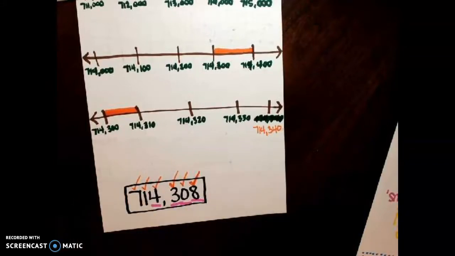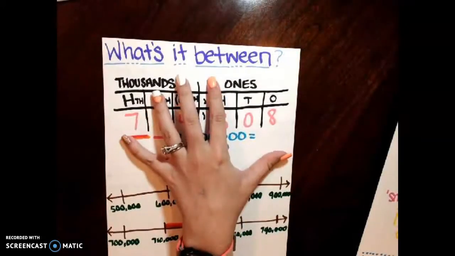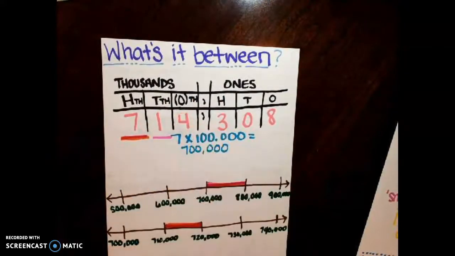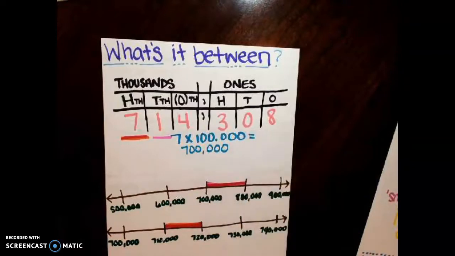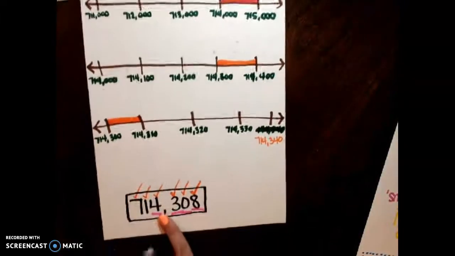You don't really have a point to. So I hope this helped you with going in between numbers and finding out what a number is in between. Remember, we start big and we go small. We start focusing on certain place values as we go. And after a lot of narrowing it down, you will get all the way to the end, okay?